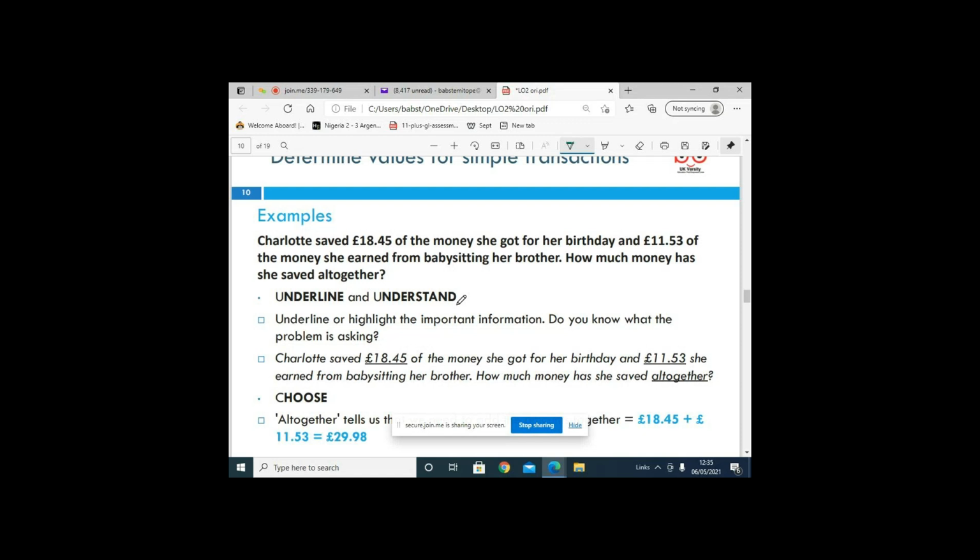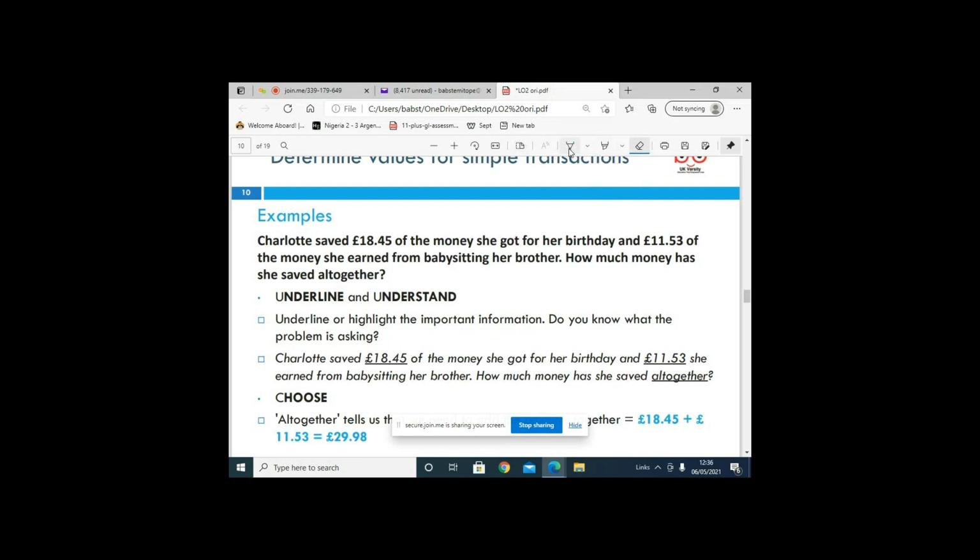How much money has she saved altogether? When you see altogether, it means what? You have to add it together.